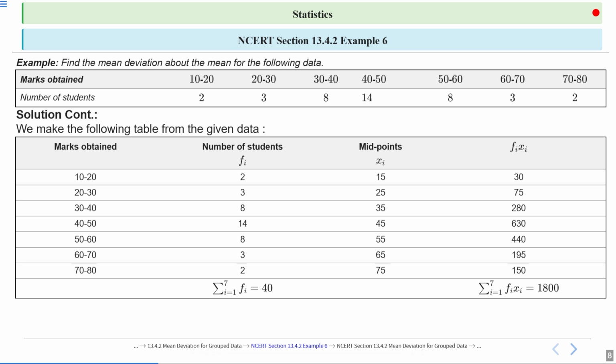Then we calculated fi into xi for each midpoint xi and their corresponding frequencies. Here you can see summation i equals 1 to 7, fi is 40, and summation i equals 1 to 7, fi into xi is 1800.